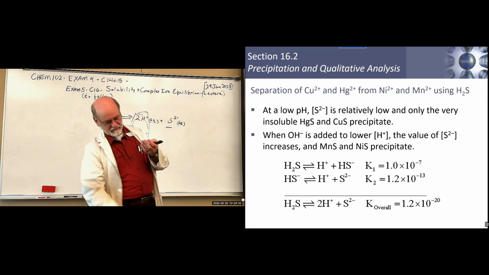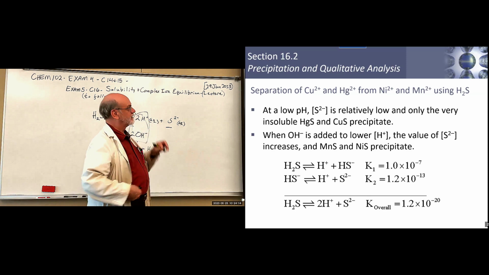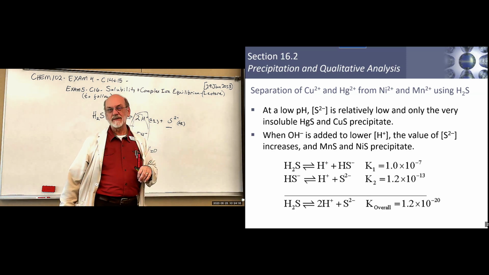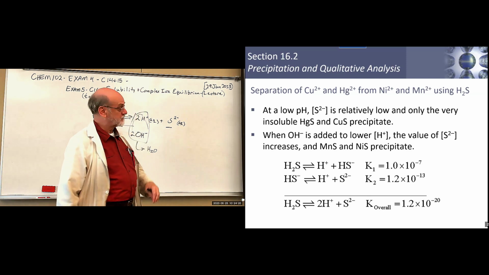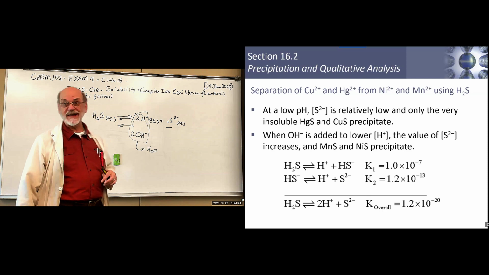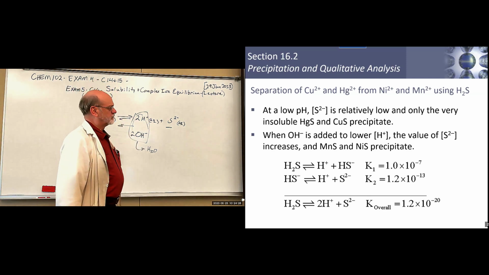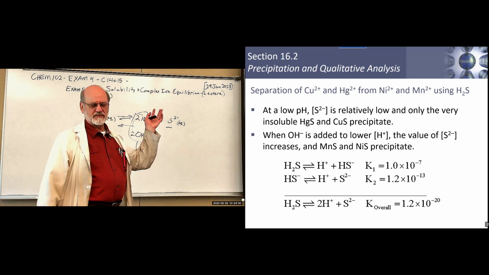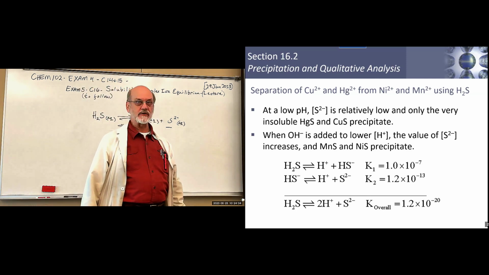And then the filtrate that comes through has very little of the copper and mercury left. It might have some, but hopefully it'll be just minuscule amounts. And then you can precipitate out the rest of it, and that's your nickel and manganese. And we've got systems that'll filter out, I mean, on the nanometer scale.